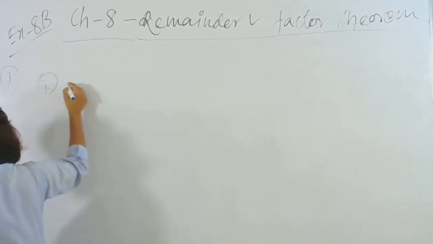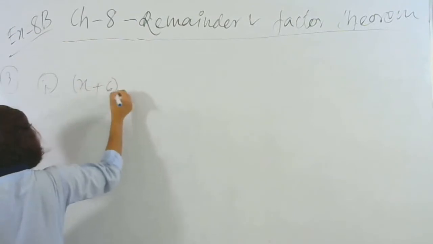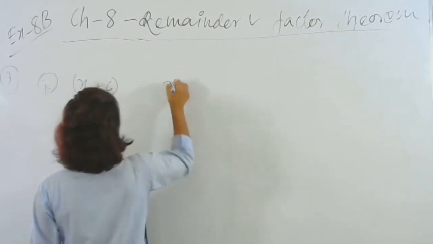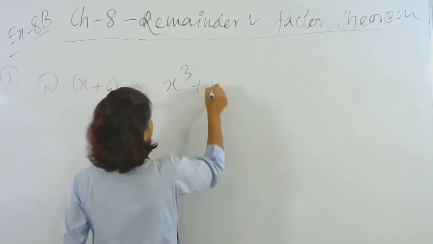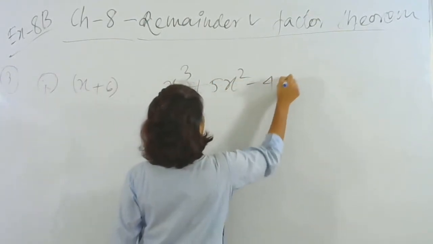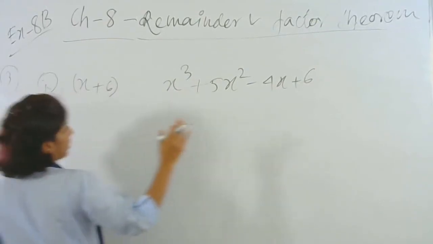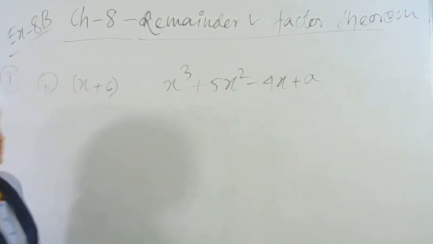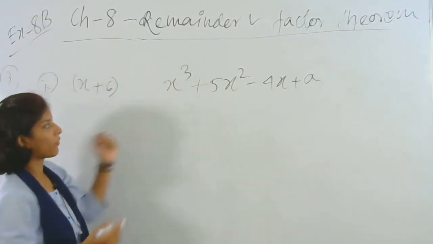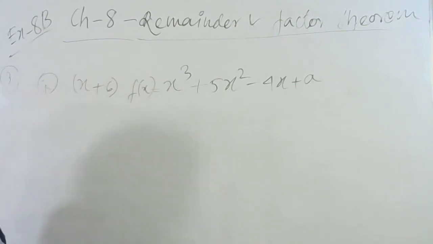You see in question number 3, Roman number 1, they said x plus 6 is a factor of x cube plus 5x square minus 4x plus a. Now they said this is a factor of this, so I'll consider it to be f of x.